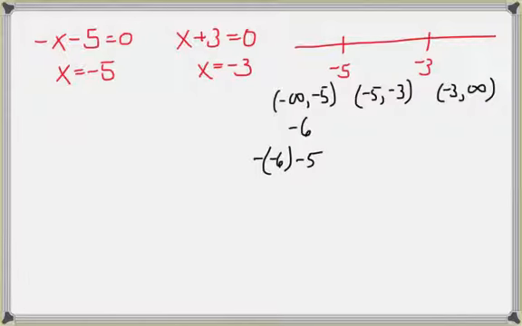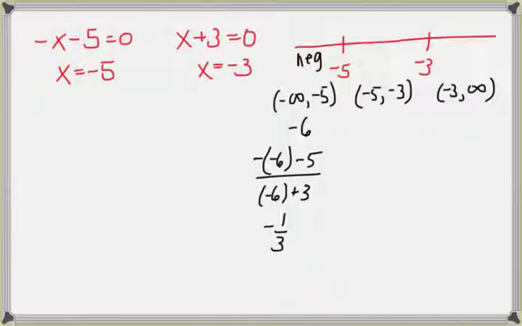And of course, it's the same for all three. When I plug that negative 6 in, I get negative 1/3 as my answer. What that tells me is that any number I plug in this interval from negative infinity to negative 5, the answer will always be negative. So I'm going to write negative up here in this interval.